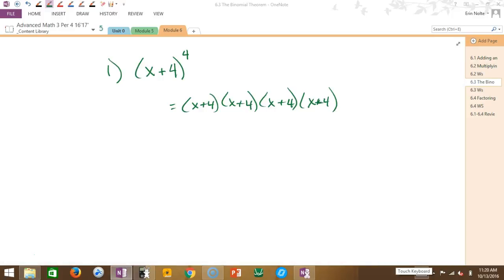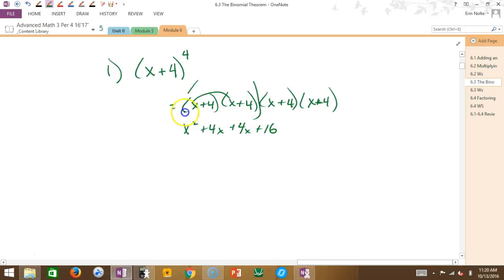So I could FOIL these two together and get x squared plus 4x plus 4x plus 16. And then I can FOIL these two, that's the same, x squared plus 4x plus 4x plus 16.